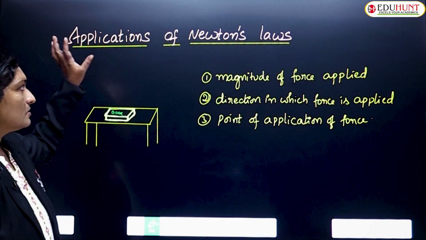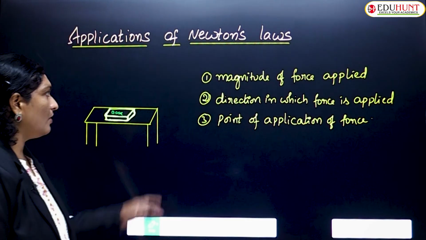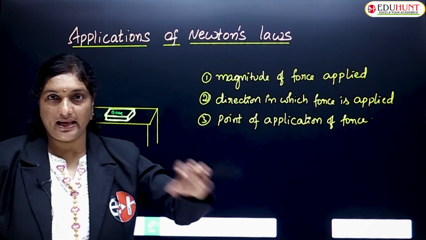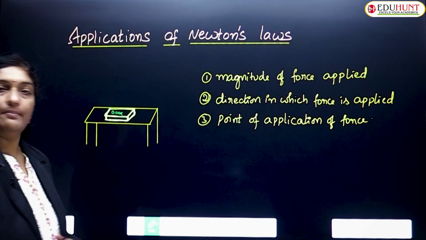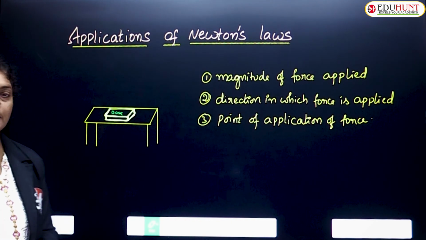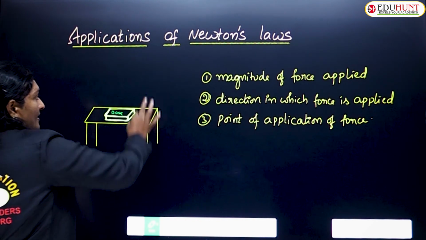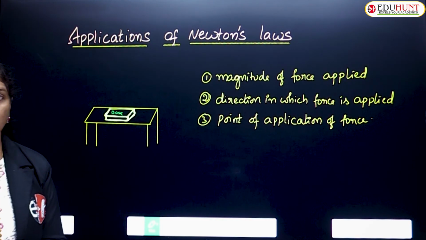To understand the applications of Newton's laws, first of all, how much force is being applied, that is, the magnitude of force applied, matters. Similarly, the direction in which the force is being applied, whether towards the right, left, upward or downward, also matters.